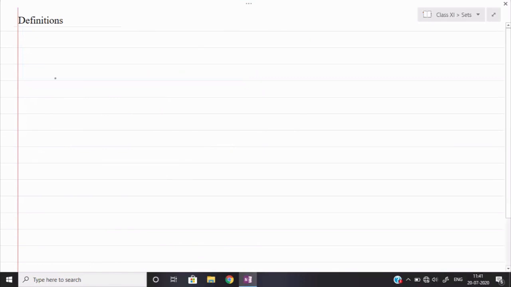So the first one I am taking here is called the distributive law. This we have already covered in one of the earlier questions.